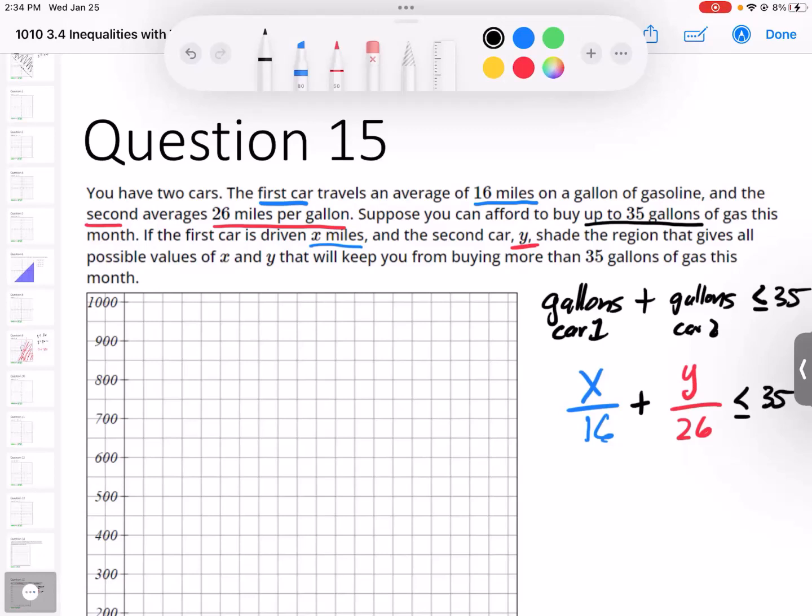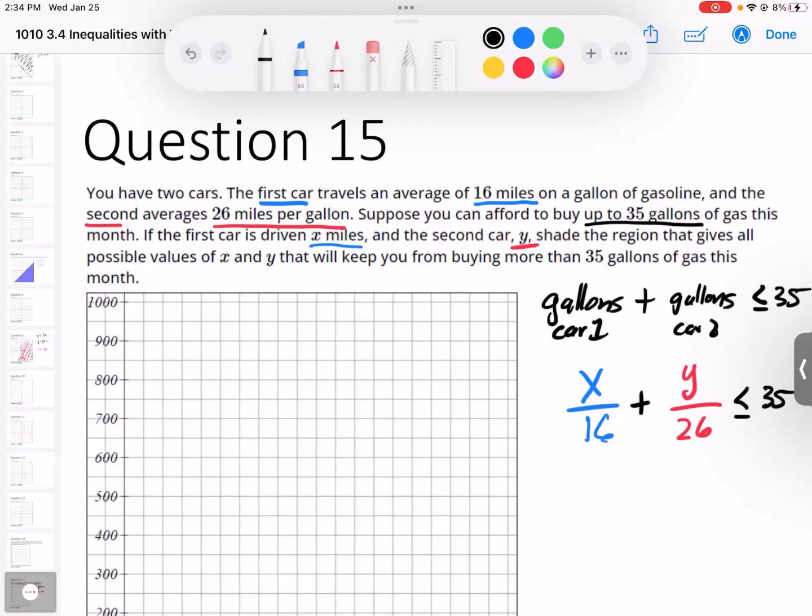I personally think it would be easier to graph it if you didn't have fractions. So in this case, I would multiply by something that would cancel out all the fractions. I don't actually know what the common denominator of 16 and 26 is. It may not be the least common denominator, but what's 16 times 26?